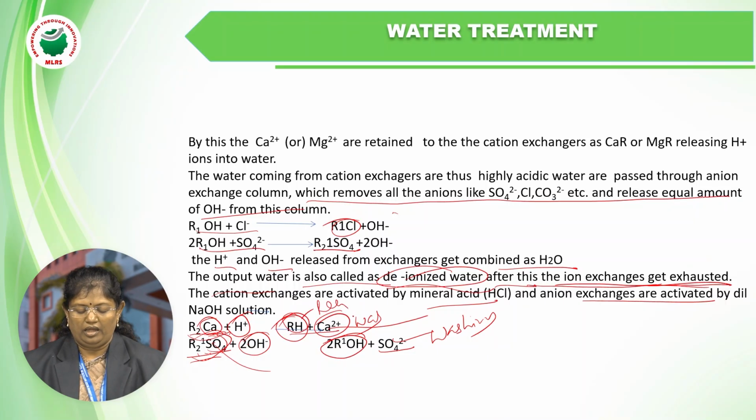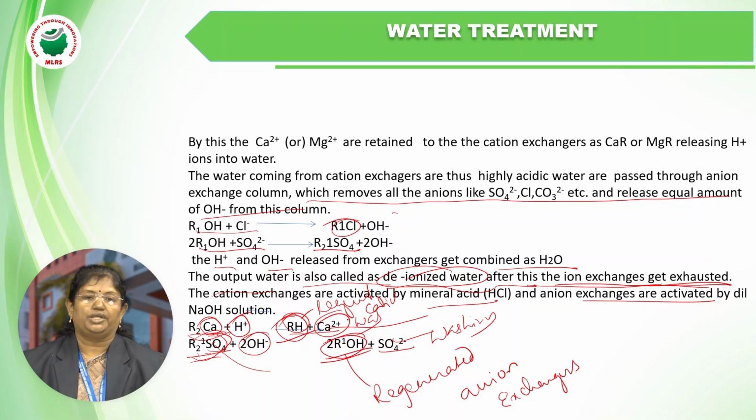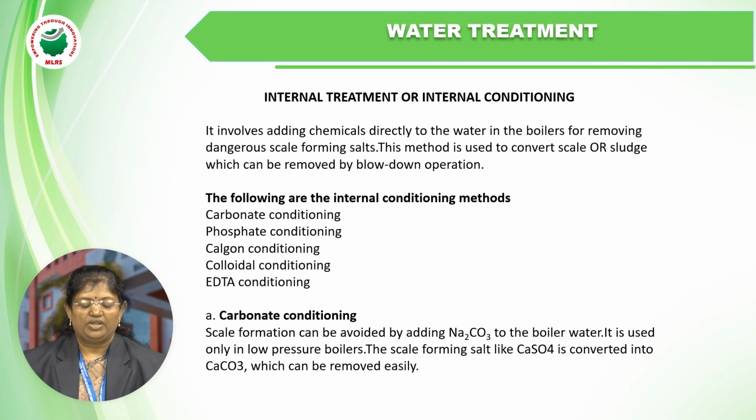This is a regenerated cation exchanger, and this is a regenerated anion exchanger. This process is called regeneration. Like this, we can regenerate and reuse the resins any number of times. The cation exchangers are regenerated by acid. This is the process of regeneration that we have discussed.